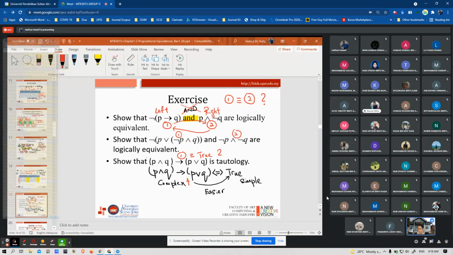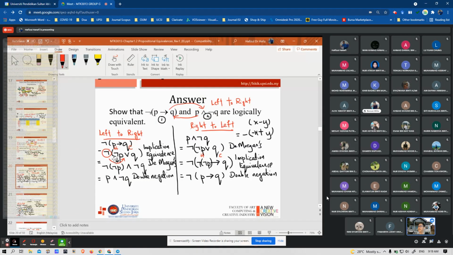Okay, show that this one, 2, and 3. Show that P and Q implies P or Q is equivalent to true. This one is easier to simplify. Okay, the complement. Okay, this one is just for exercise.